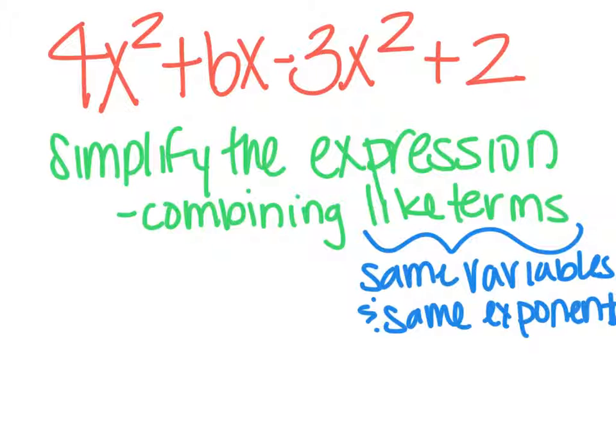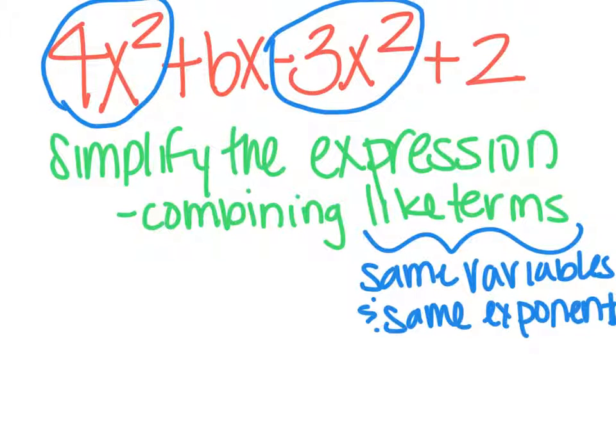So if I'm looking at this particular problem, I have a 4x squared and I have a negative 3x squared. Since 4x squared and negative 3x squared both have x squared, I know they go together. I cannot combine anything else together because there's nothing else with just x. This is the only term with an x, so that term is going to stay by itself.